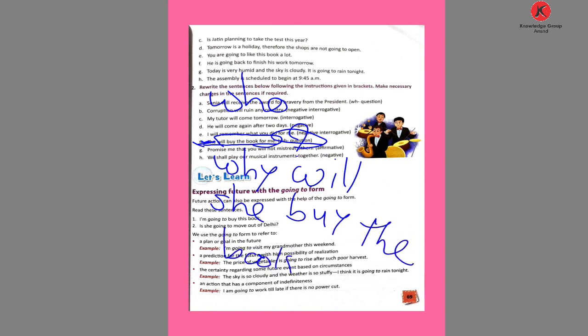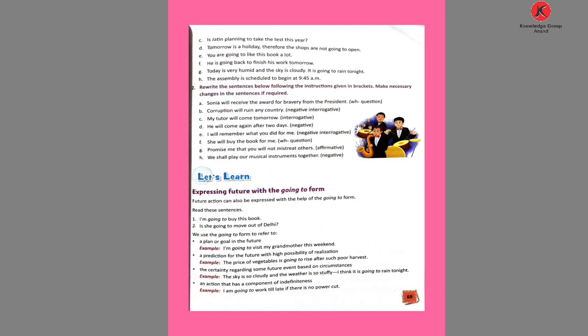Question mark. She will buy the book for me. WH question. Only cancel "she"; this is the easiest question you make. Who will buy the book for me? That is the WH question. Okay, it's simple.